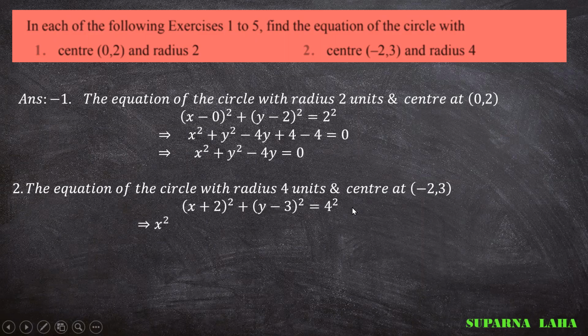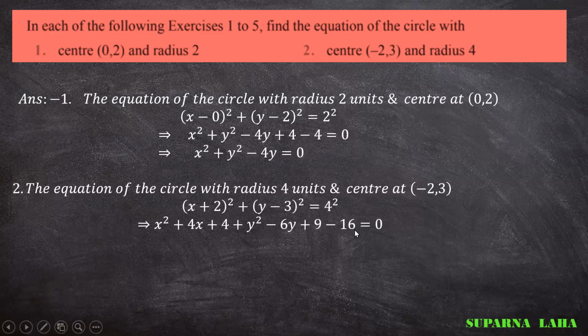If I break the square, x square plus 4x plus 4, y square minus 6y plus 9 minus 16 equals 0. A little bit simplified, x square plus y square plus 4x minus 6y minus 3 is equal to 0.